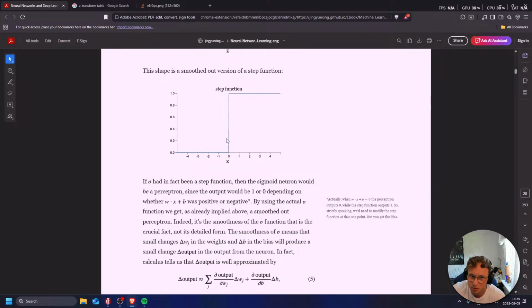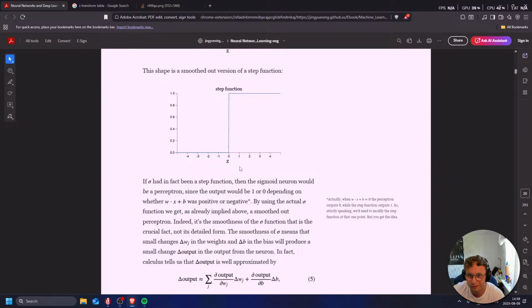If the sigmoid function had in fact been a step function, then the sigmoid neuron would be a perceptron, since the output would be 0 or 1. That makes sense.